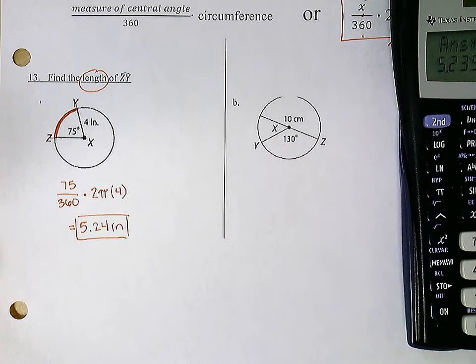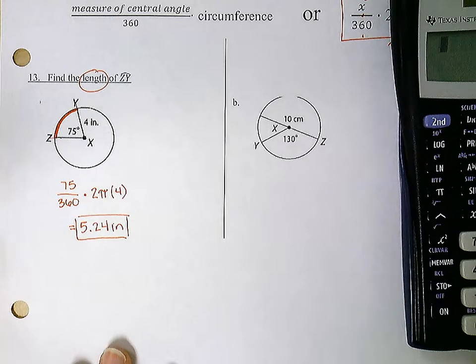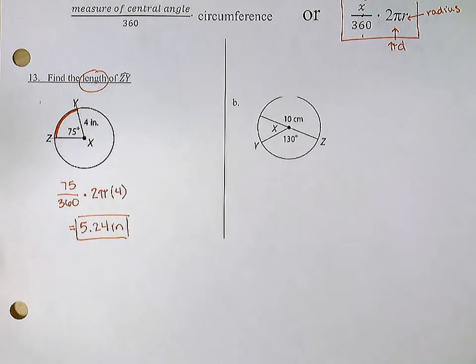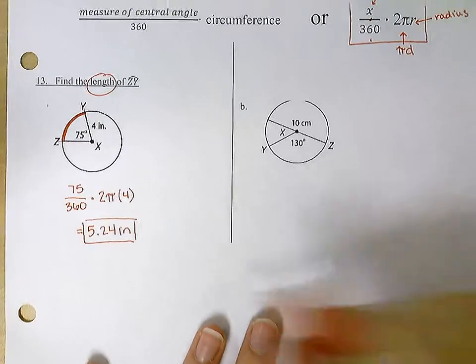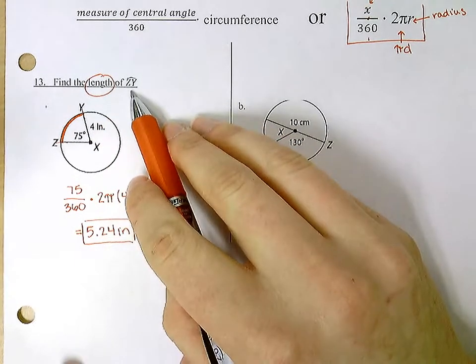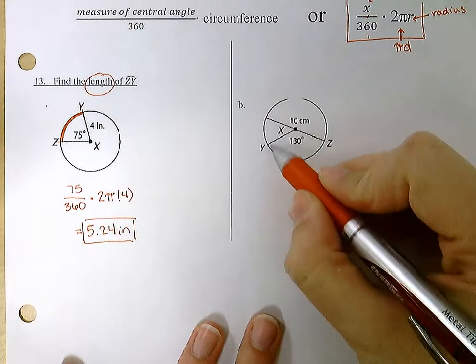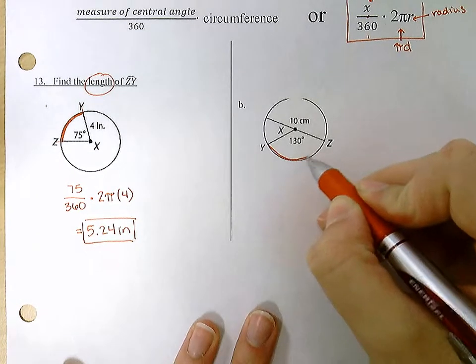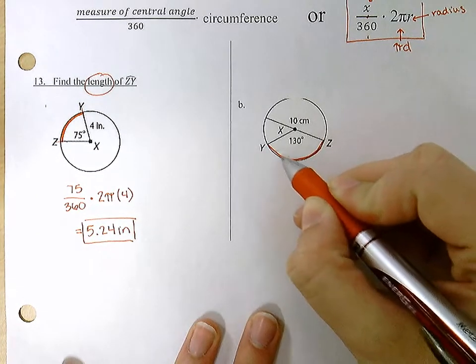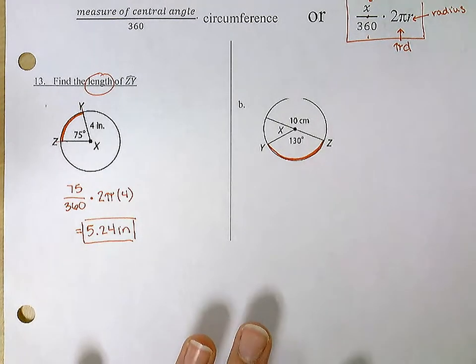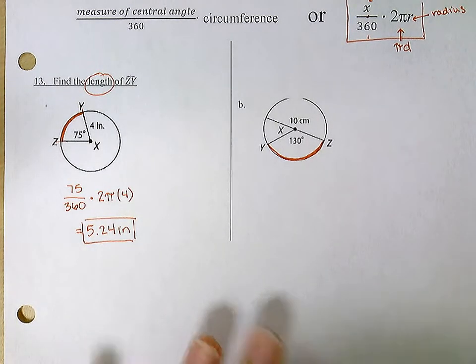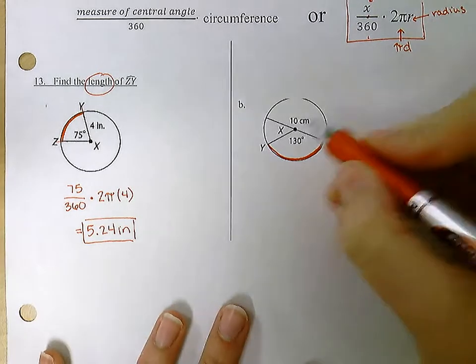Okay, questions on that first problem there? All right, then we're going to look at letter B. Again, we're finding the length of arc ZY. So arc ZY is this one right here. Again, I need the central angle that's across from that arc.